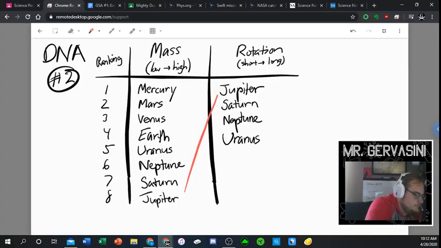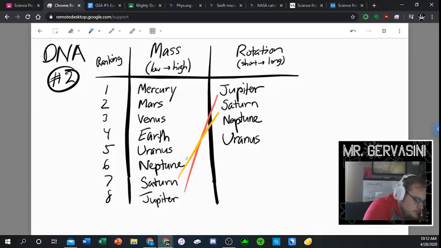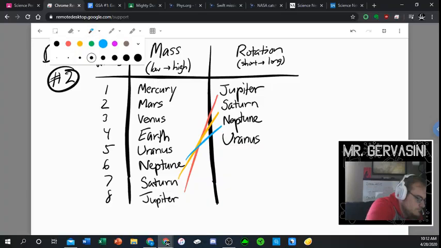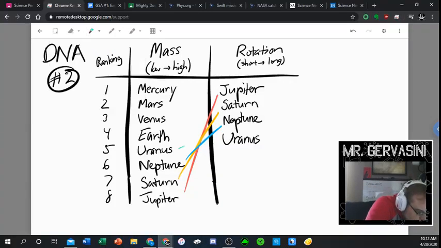Here's Jupiter. Here's Saturn. Neptune. Need a teal for Uranus. There we go. And there's Uranus.